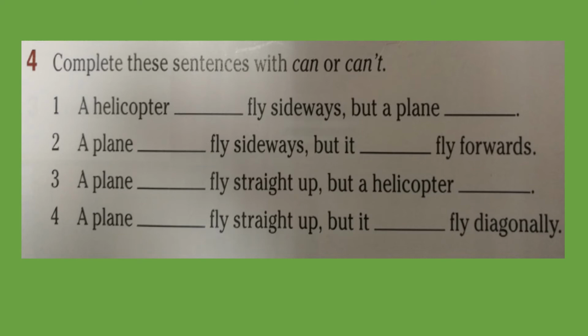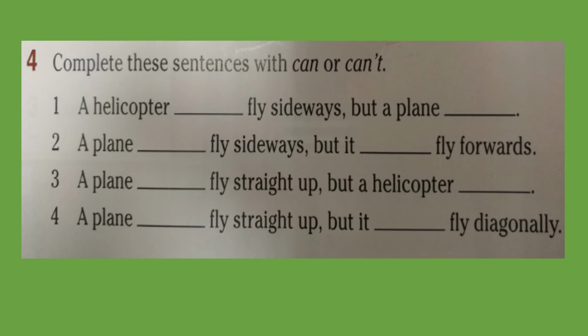A plane flies straight up, but a helicopter. Number 4, a plane flies straight up, but it flies diagonally. All what you need is to read carefully and fill in the spaces with the word can or can't. Now I'm asking you please to pause the video for a while, try to answer the questions, and then come back later for checking the answers.